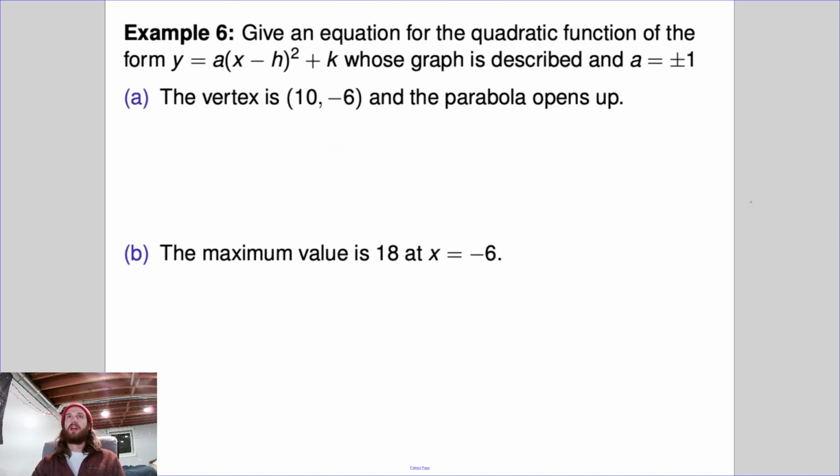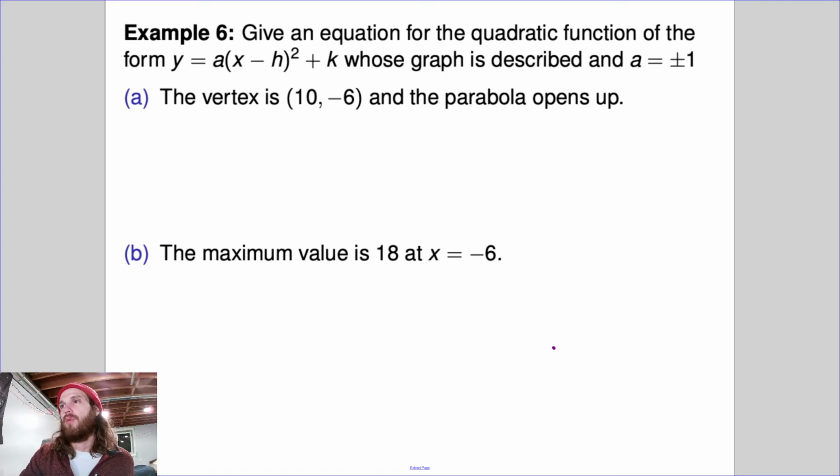So what these questions are asking is, given an equation for the quadratic function of this form, we know that the shape is either positive 1 or negative 1. That means it has the same shape as the parent function. So it's either the parent function or the parent function reflected. All of the answers are going to have that a value.